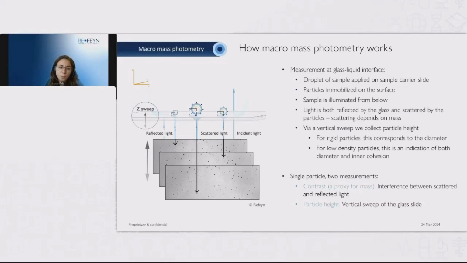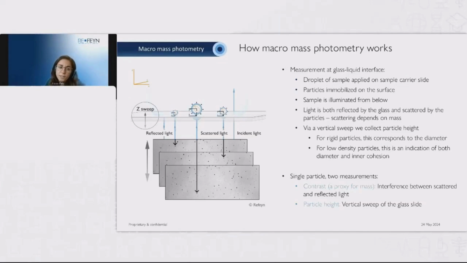So effectively what it gives you is a proxy for mass information for single particles, or if you prefer, an uncalibrated mass axis. In addition to that, we also collect another parameter, which is the particle height. Effectively, this is the vertical dimension of the particle on the surface.